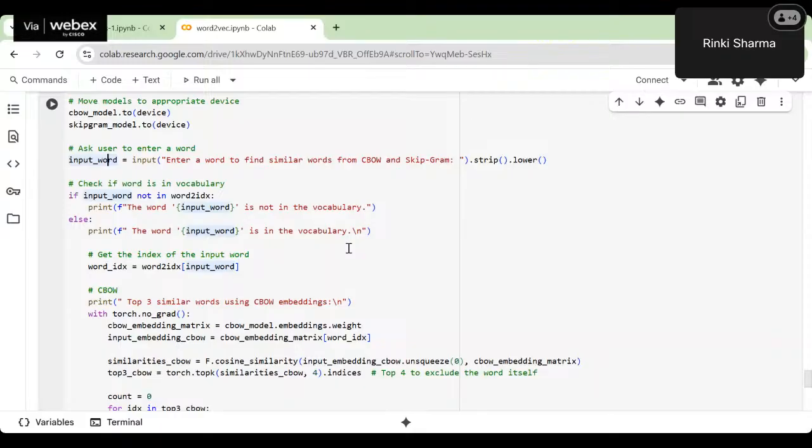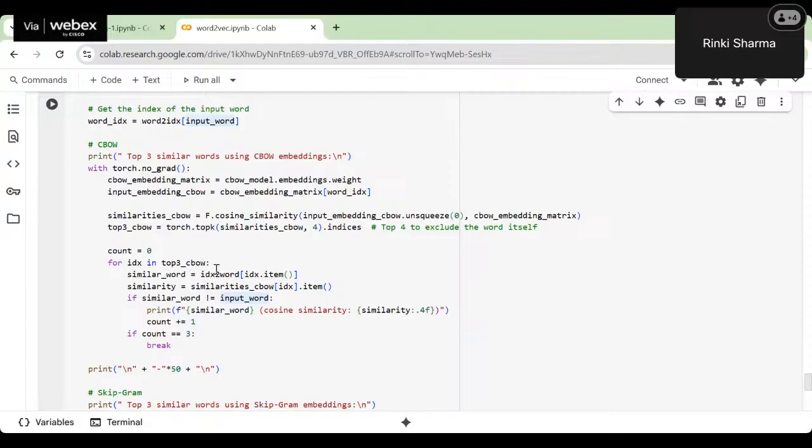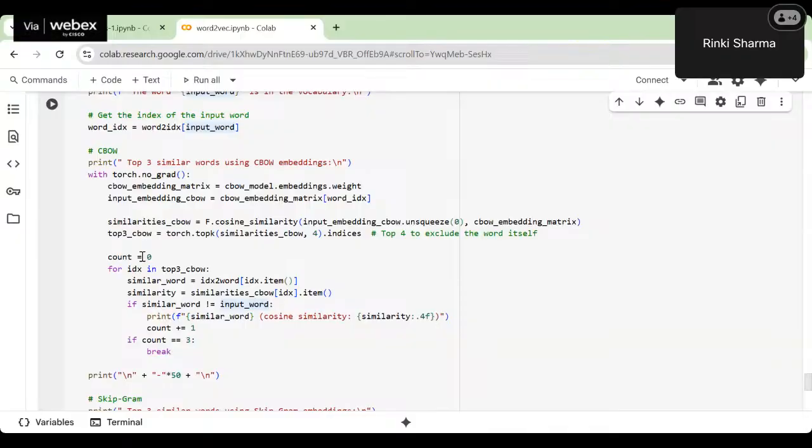Here I have considered the top three words. How will the model find the closest word? The model will find the closest word by calculating the cosine similarity, which we have already discussed in the morning lectures. This is the code for the CBOW model to find the closest word for the given word, and this is the code for the skipgram model to find the three closest words for a given word.